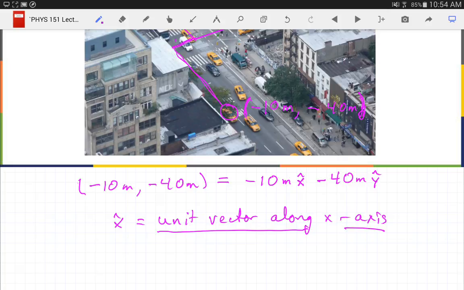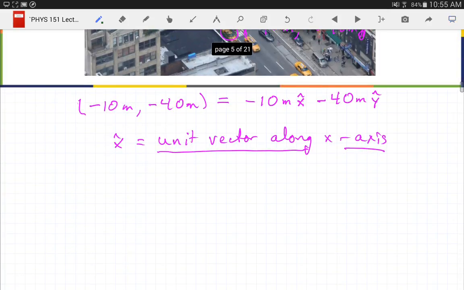But then that begs another question. What's not defined to most people in the statement unit vector along the x-axis? What's a unit vector? Well, a unit vector actually is exactly what the name means. Unit means one.